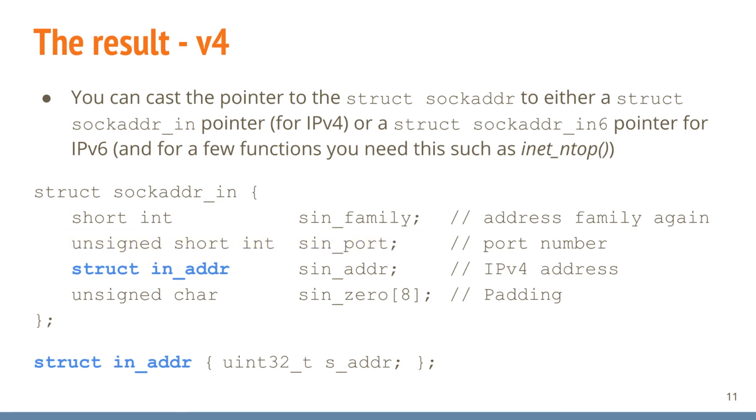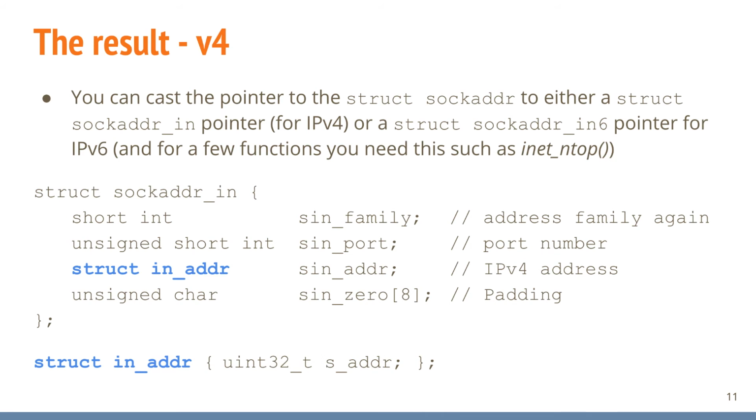So if you provide it there, you won't have to come here and set it yourself, which saves you casting to the right structure and descending all the way here. The port number is followed by the IPv4 address, which is followed by padding bytes. The address is another structure, as you can see at the very bottom, which solely holds an unsigned 32-bit integer, which is exactly the size of an IPv4 address.